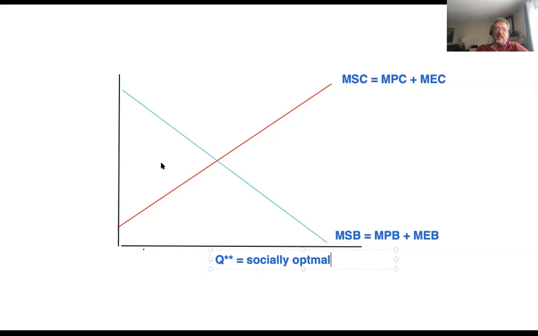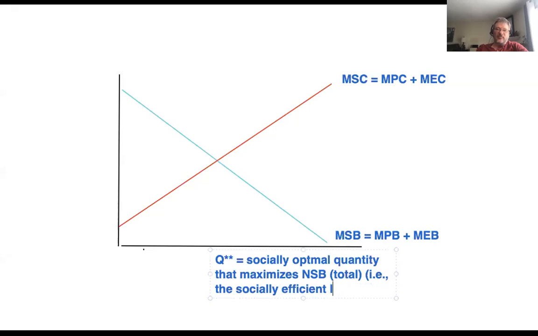And what I mean by that is that it is the one that, when you account for all the costs in society, is the quantity that maximizes net social benefit, which we also know as total surplus. Another way to say it, i.e., in other words, is the socially efficient level.